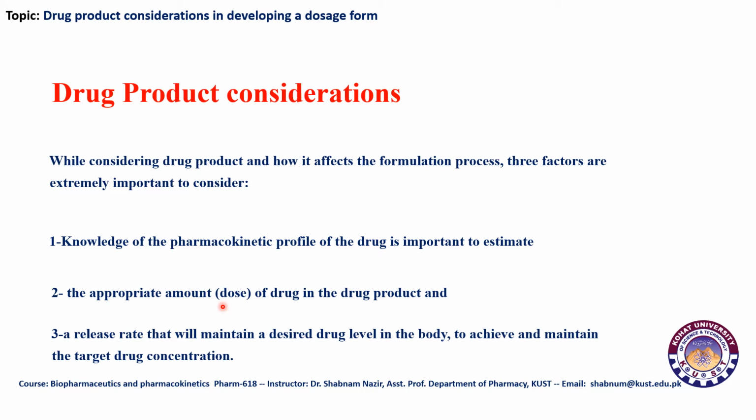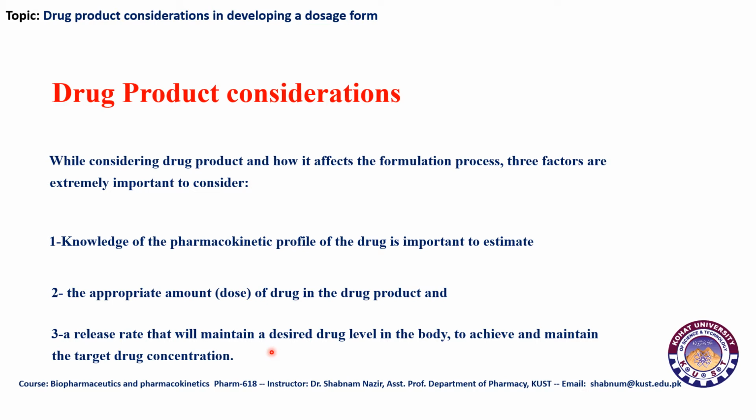And so in order to attain and maintain that dose, what should be the release rate that will maintain the desired drug level within the body? It is important to understand that the release rate determines the type of the drug product. For example, there are immediate release products, there are controlled release drug delivery systems, there are specific targeted drug delivery systems.